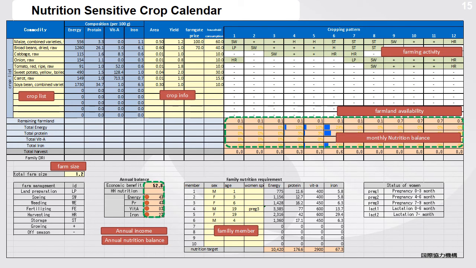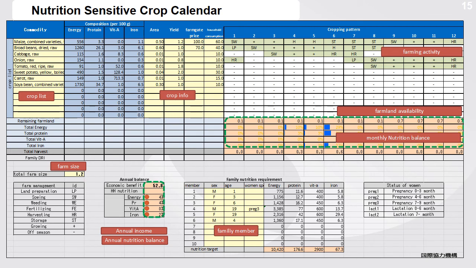Currently, the tool is developed in Excel, but later it will be transferred into smartphone-based application. In this worksheet, you can see yellow part, which user will input their information. And red part is a result from the user input.